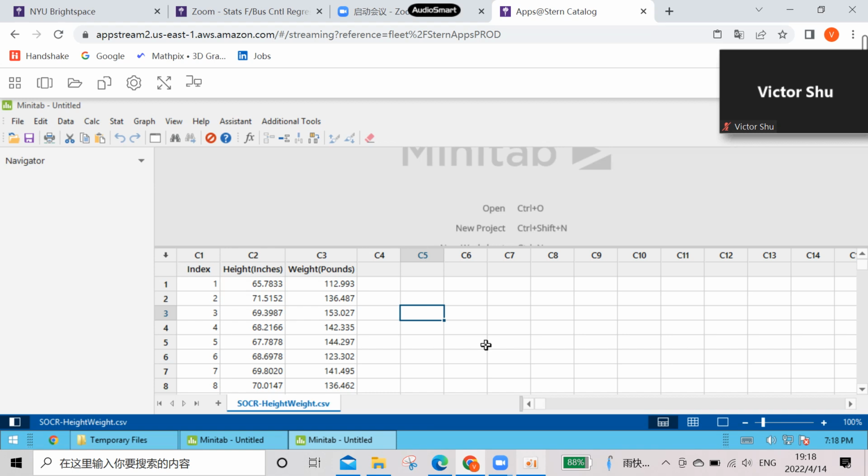Last Thursday, I was mainly focusing on the building of the model, and to use the concrete example from real life to show you how the simple linear regression works.